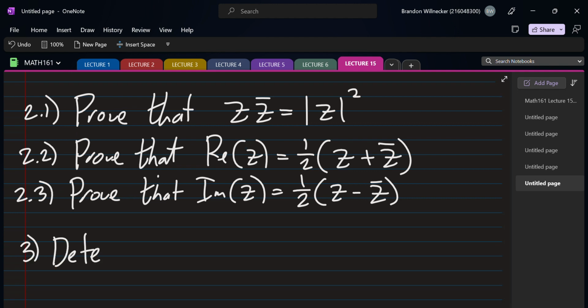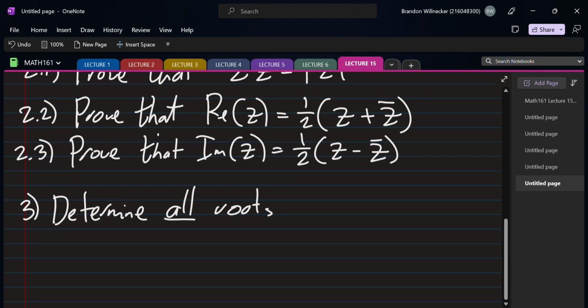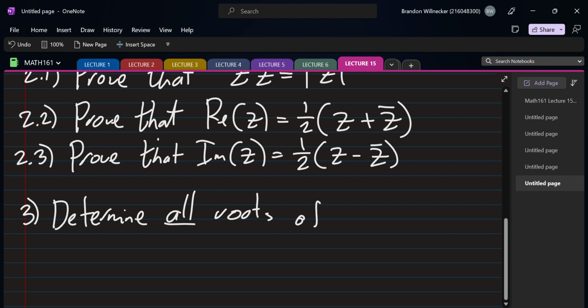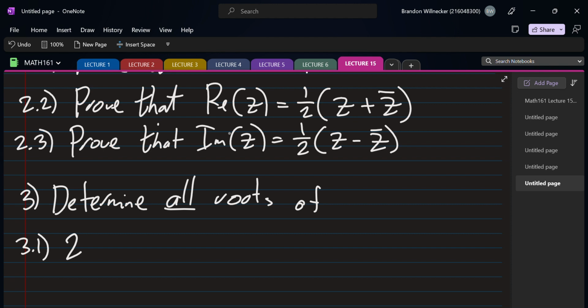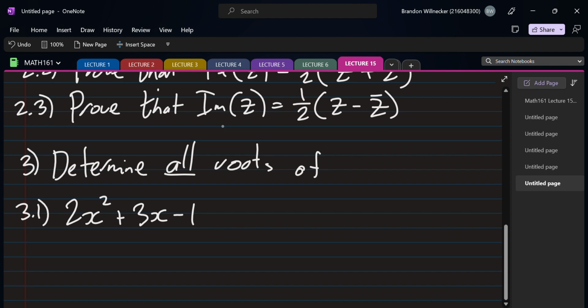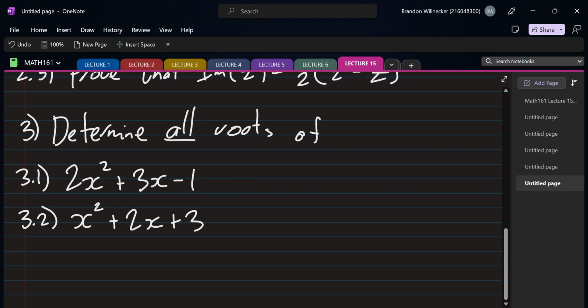Number 3. Determine all roots, so real or complex, determine all roots of 3.1, 2x squared plus 3x minus 1. 3.2, x squared plus 2x plus 3.